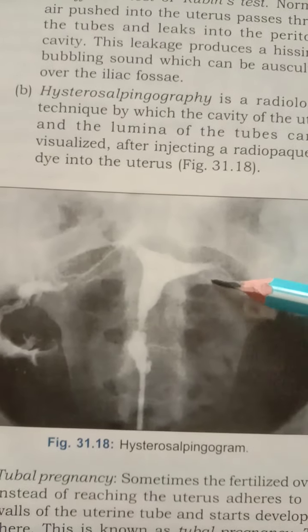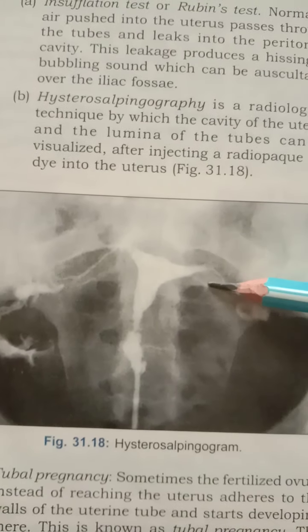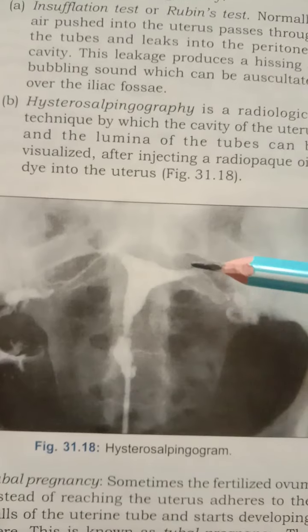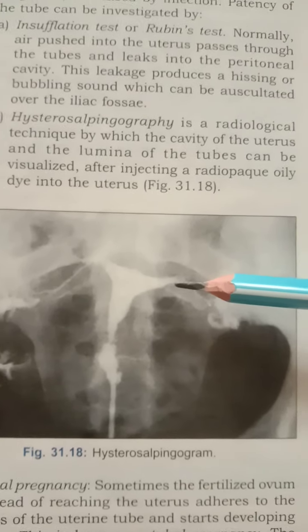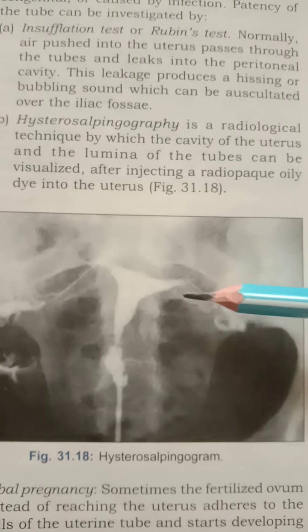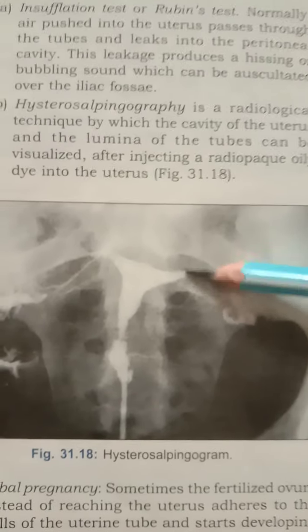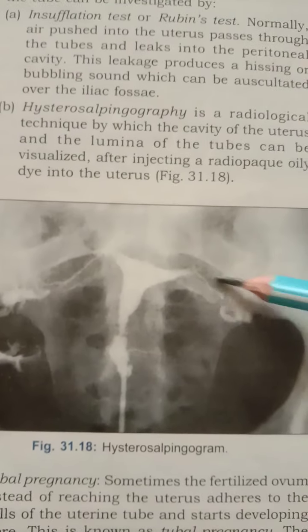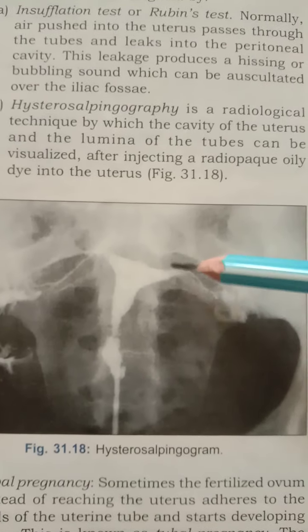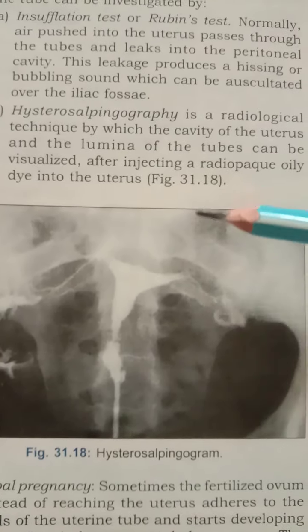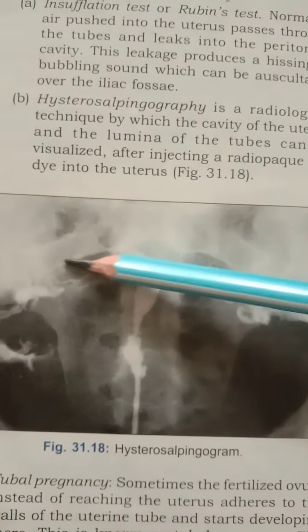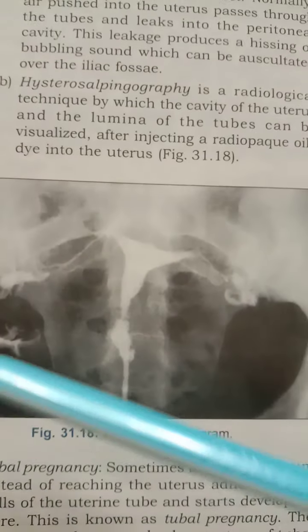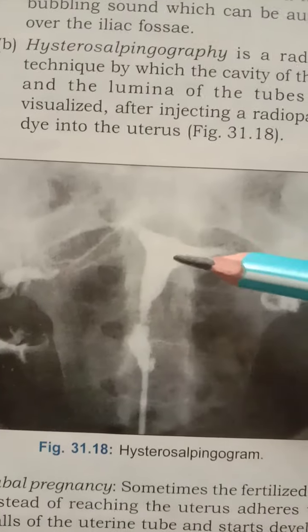It is a radiological technique in which a radio-opaque substance, lipiodol, is injected into the uterus by a suitable cannula, and the outlines of the uterine cavity and the uterine tube, the fallopian tube image, are seen. If the tubes are patent, the contrast medium spills into the peritoneal cavity, and if a blockage occurs, the dye cannot spread in the forward direction. This is called hysterosalpingography.